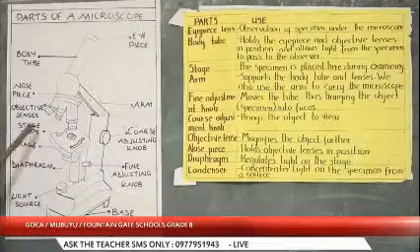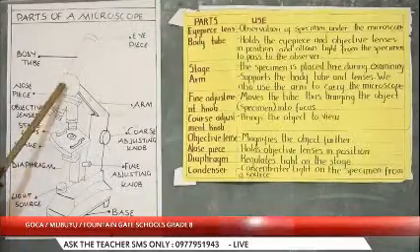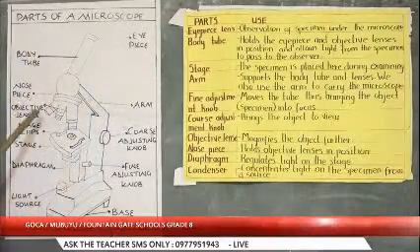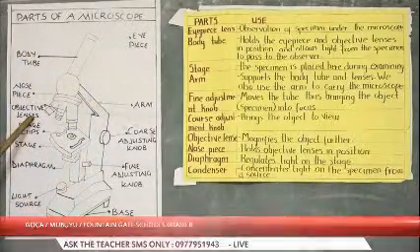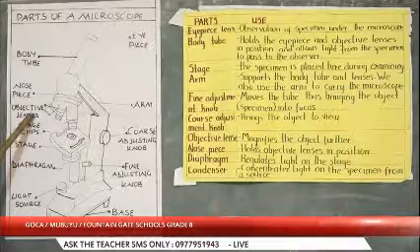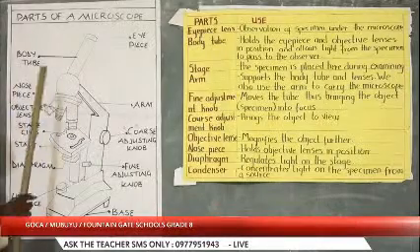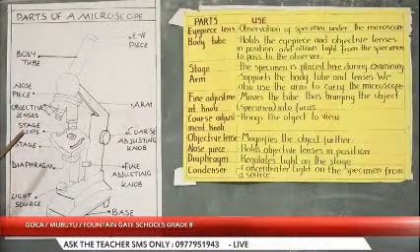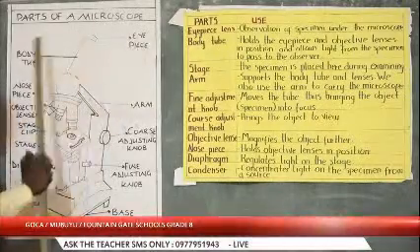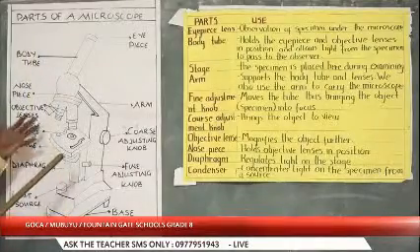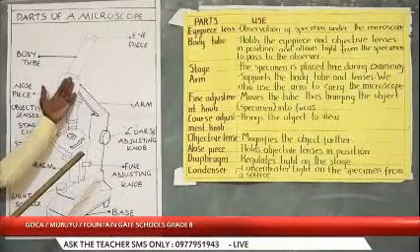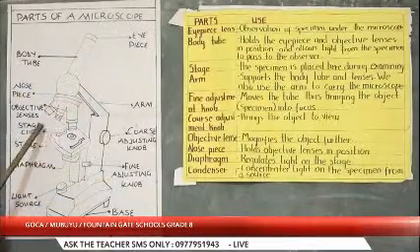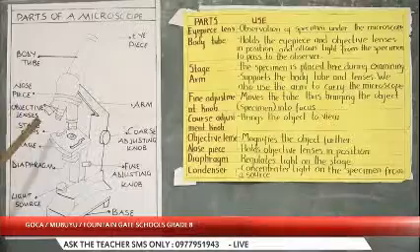Apart from holding the eyepiece, it also holds the objective lenses, and it allows light from the specimen to pass to the observer. So apart from holding the two parts, it also allows light to pass through the specimen so that the observer is able to see the parts that have been put on the stage clip. Are we together, class?